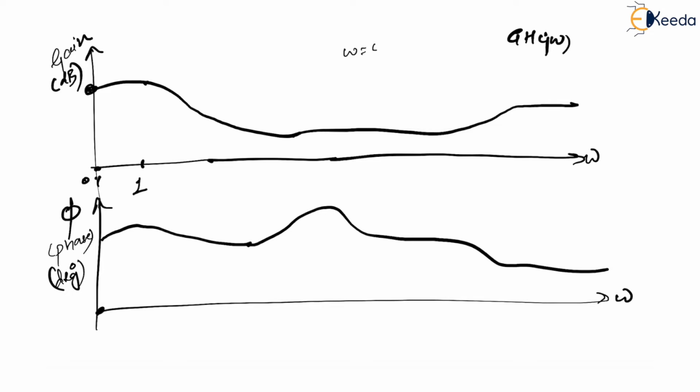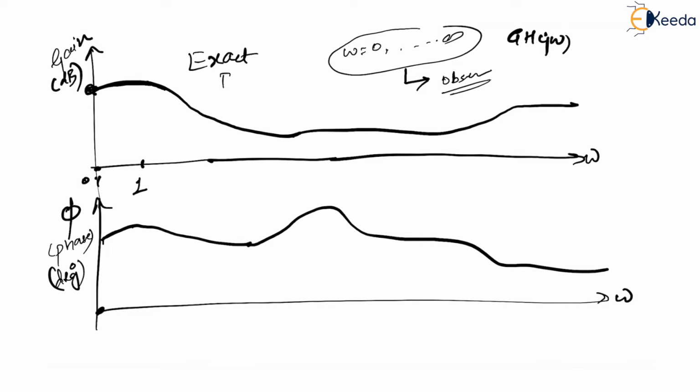You placed omega values 0, then 1, 2, 3, 4, 5, 6 and 10, 100, up to infinity, and noted down the observations of the output. Then you have shown exactly the magnitude and exactly the phase at every frequency, right? Yes, so this is called the exact Bode plot.